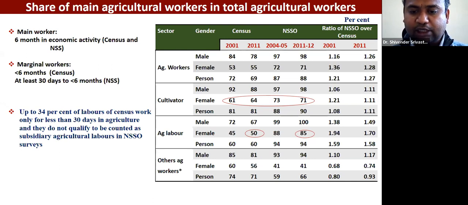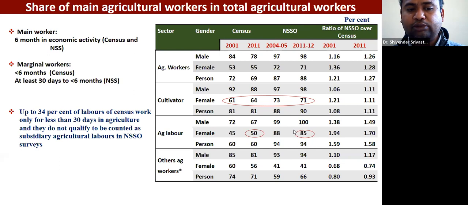Because of that, we can see a lot of variation between the estimates of laborers in the census and NSSO. We can estimate this from the ratio of main workers to total agricultural workers. As per the census, about 50% of the laborers were main workers, but in NSSO, 85% of the workers were main workers. It means that marginal workers were fewer in NSS and more in the census.